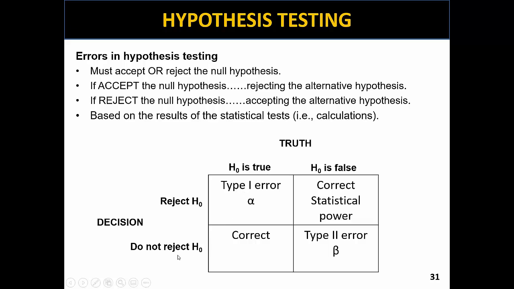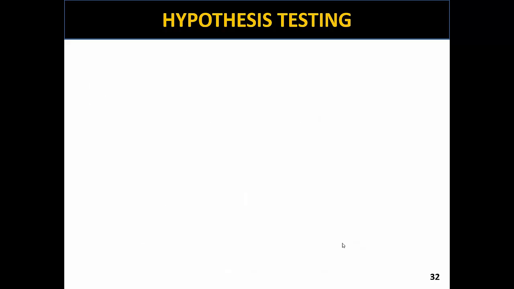On the other hand, if we accept the null hypothesis, when in fact it should not be accepted, when it is actually false, then we will have committed what's called a type 2 error or a beta type of error. So we'll discuss some of the issues related to the errors here shortly with an example.